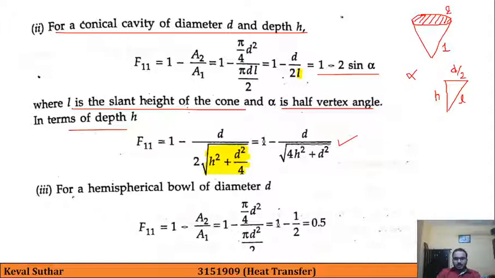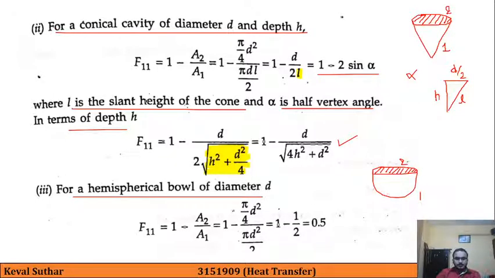And now the last one is a hemispherical bowl with diameter d. It will be like this, a half bowl, a bowl like this, where this will be our surface 2, and this will be surface 1.